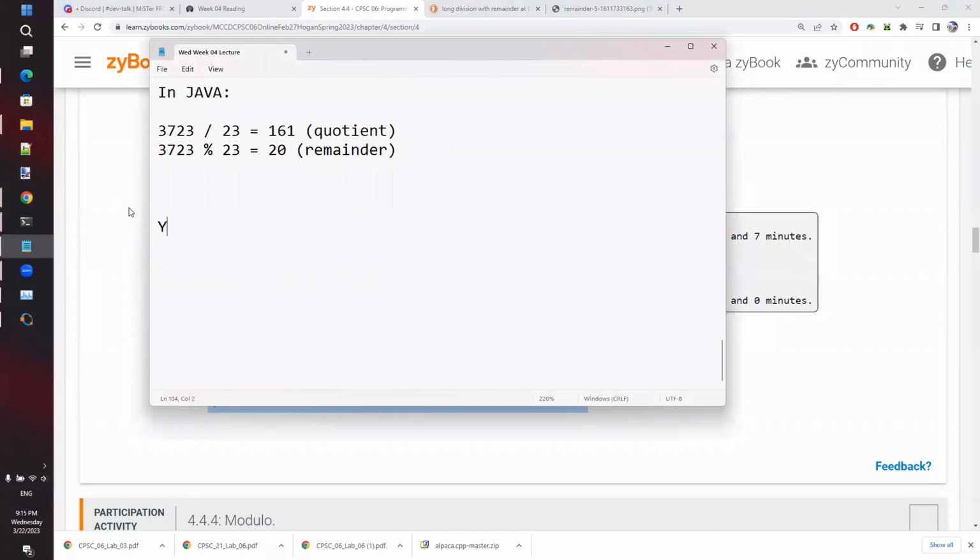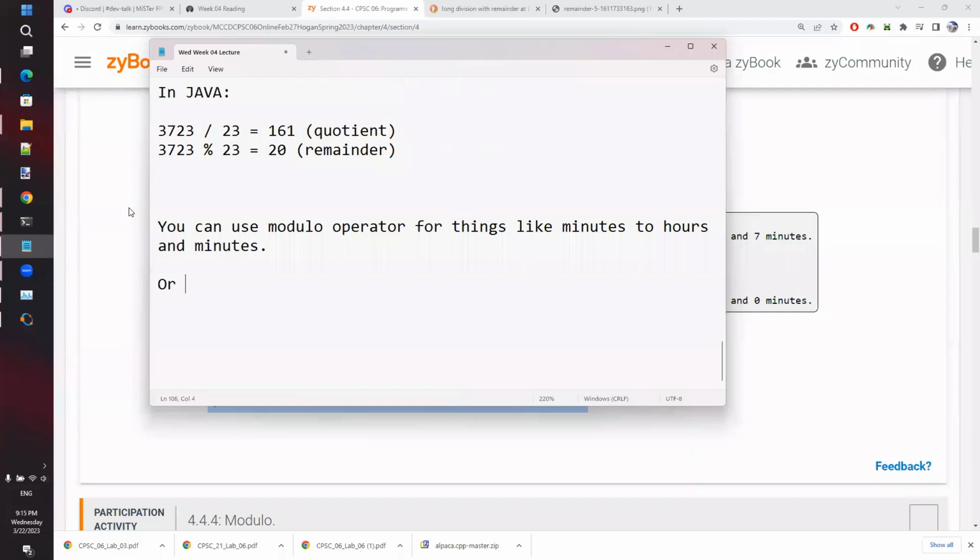So you can use the modulo operator for things like if you had seconds or minutes to hours and minutes, or for things like, let's say, if you had a number of seconds to hours, minutes, seconds. Okay. And how would you do that?